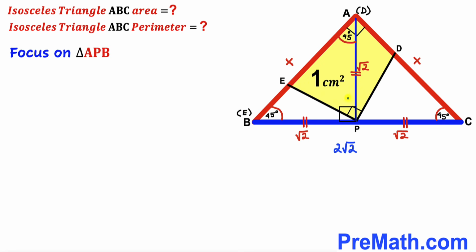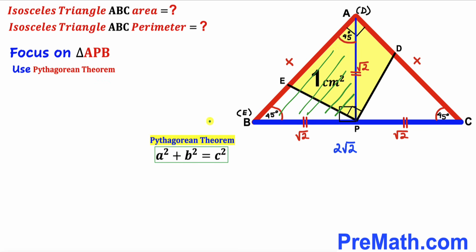And here's our next step. Now we are going to focus on this right triangle APB, and we are going to apply the Pythagorean theorem on this triangle. And here's our Pythagorean theorem: a square plus b square equal to c square. And in our case, our hypotenuse is x, whereas our two other legs are square root of 2 and square root of 2 as well. Let's go ahead and fill in the blanks in this Pythagorean formula.